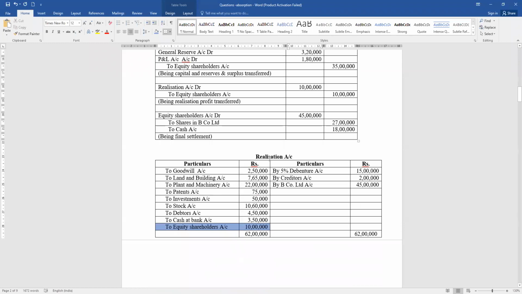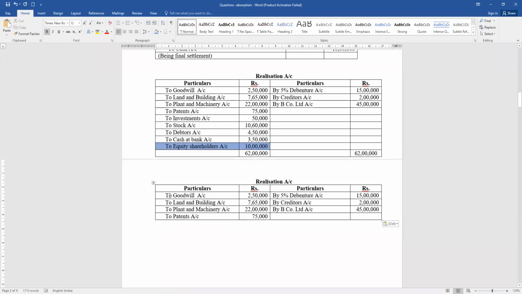Now you have to prepare the ledger accounts, that is the realization account. Then the equity shareholders account, we have to prepare. Equity shareholders account also we have to prepare. And copy paste this.